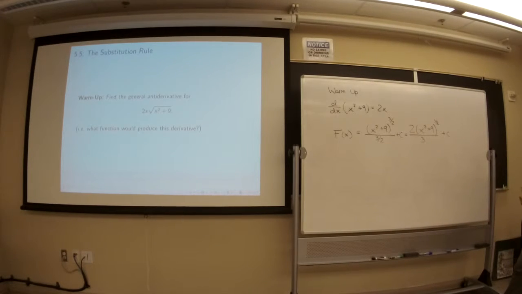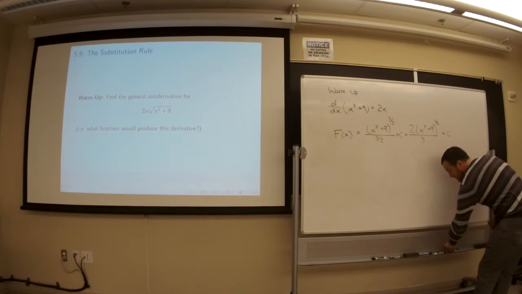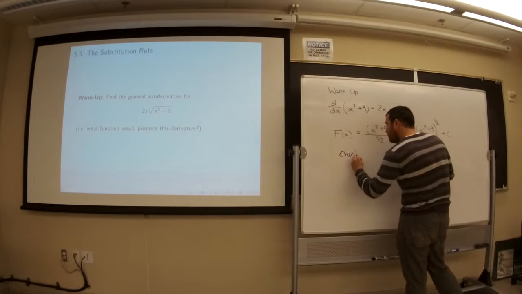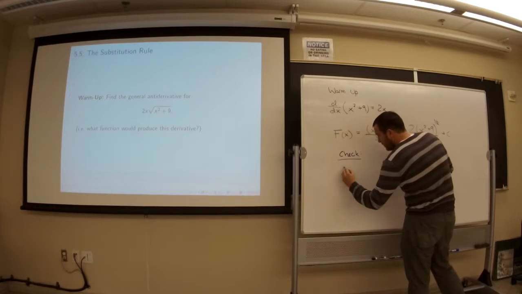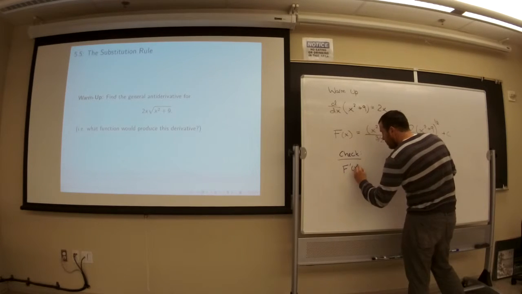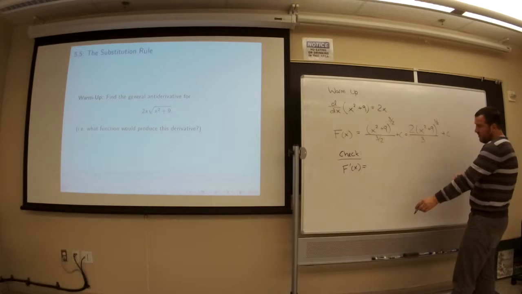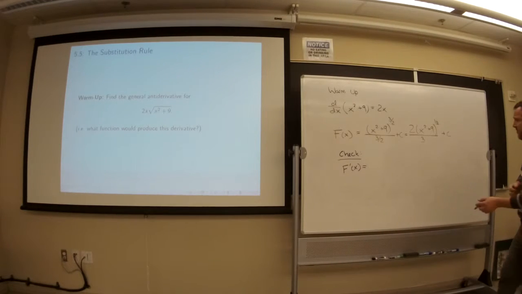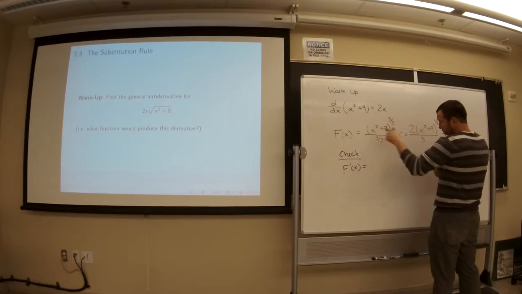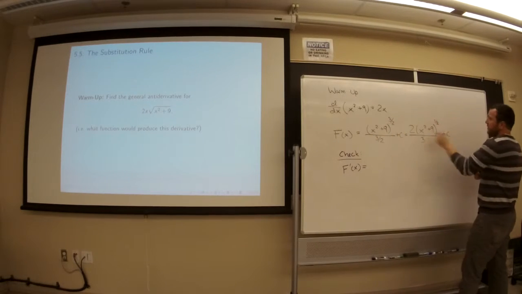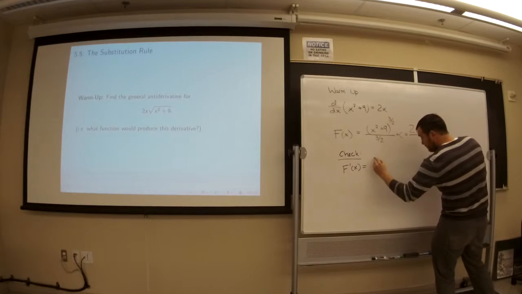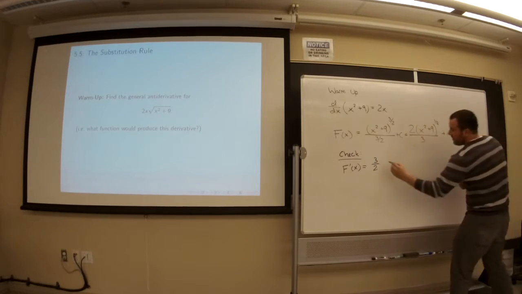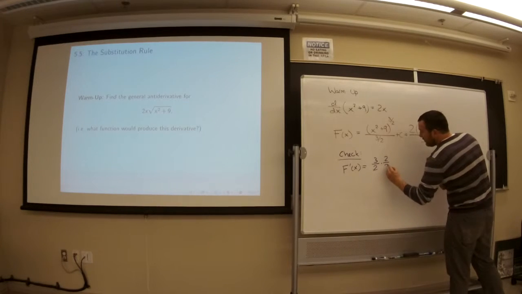Okay, so let's check it. The derivative of our general antiderivative will multiply by the power up front, so that'll be 3/2, and then we just write the 2/3 up front also, times 2/3.